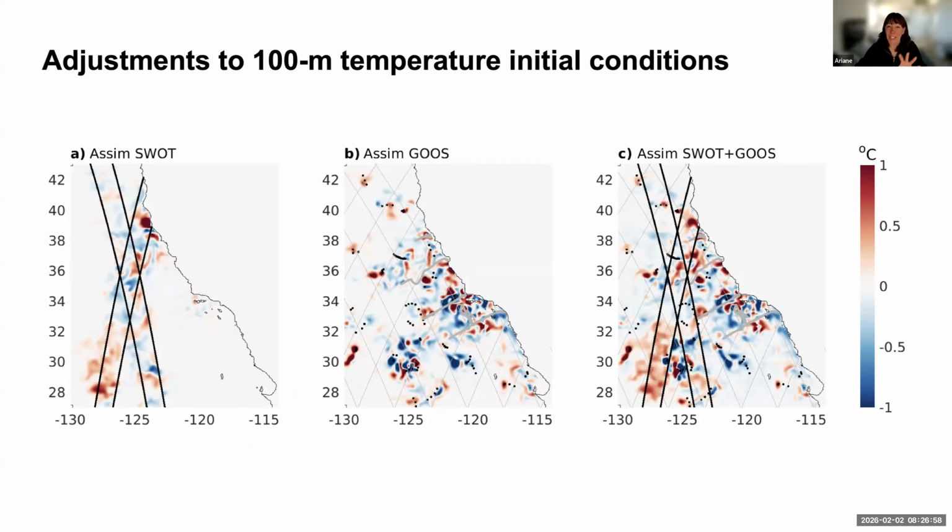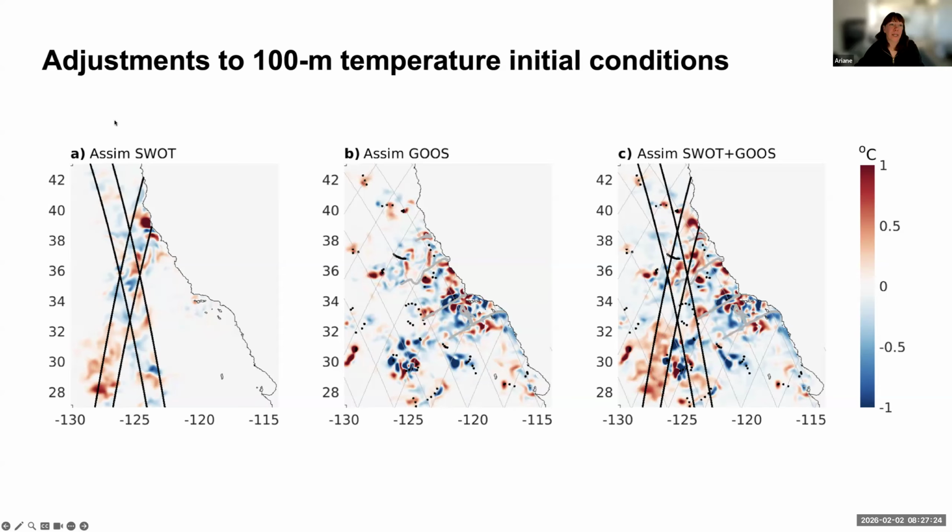And then I'm just going to show some examples of how the model is adjusting the controls to fit the data. This is temperature at 100 meters on May 1st, at the very beginning of our simulation. I mentioned that we use the GLORYS initial conditions. These are the adjustments to the GLORYS initial conditions made by the model.